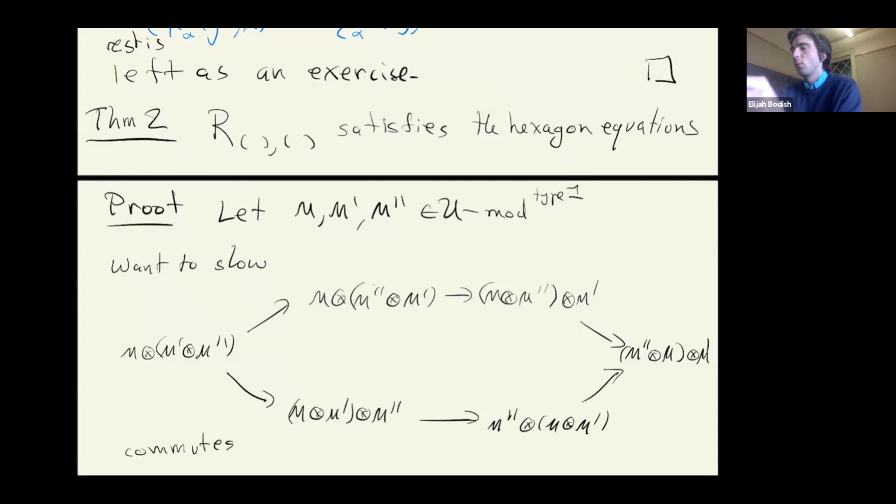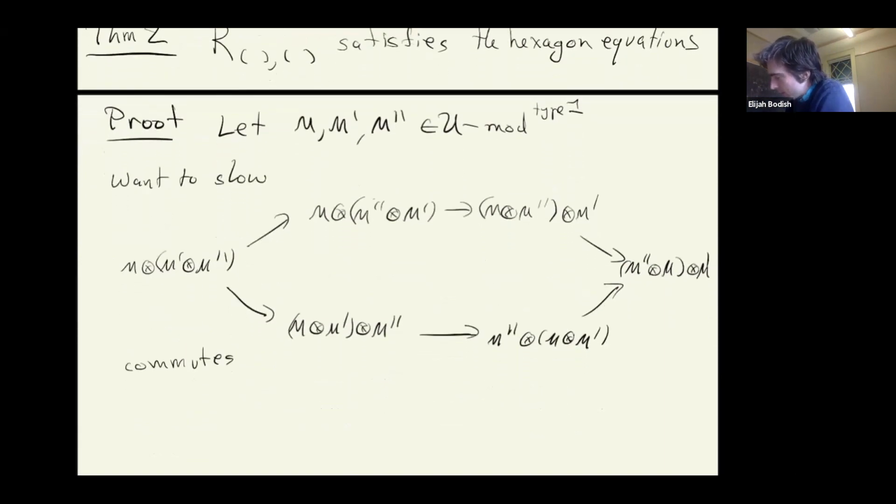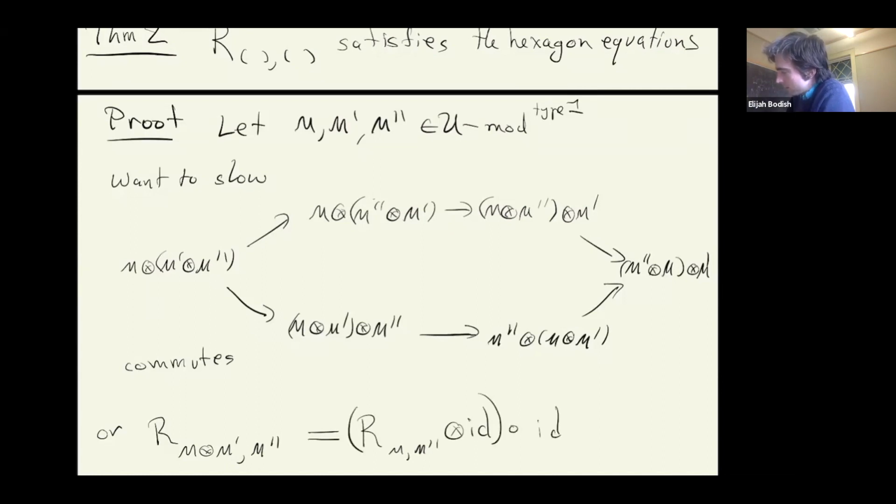And what that translates to is that we need to show the equality of R_{M, M prime tensor M double prime}, when I apply it to a vector, is equal to R_{M, M double prime} tensor the identity, composed with the identity tensor R_{M, M prime}.